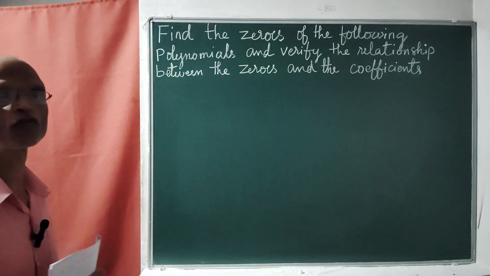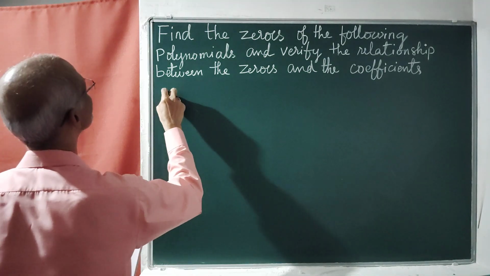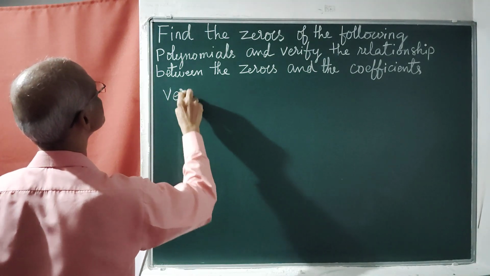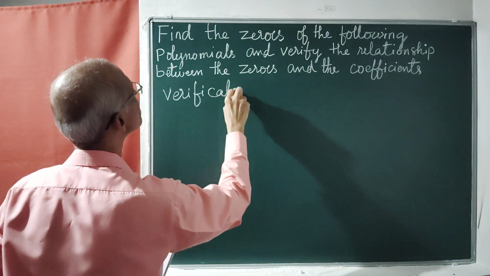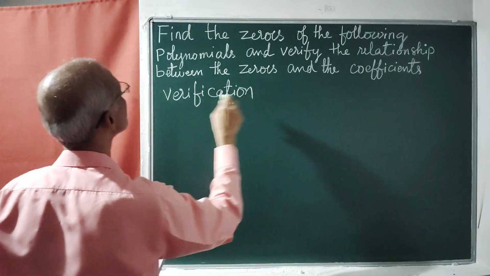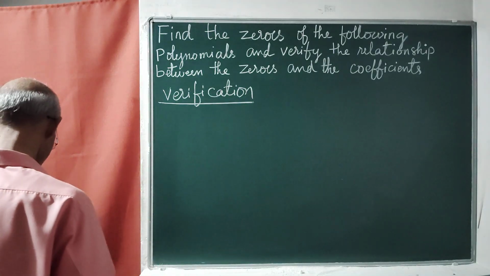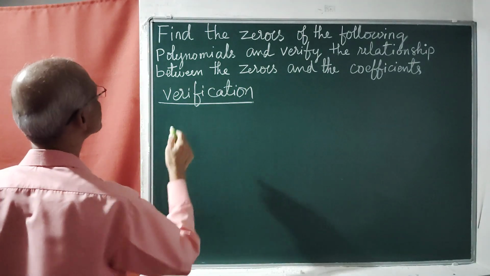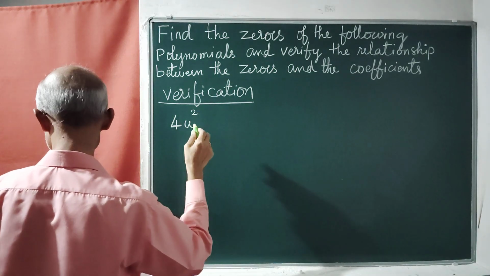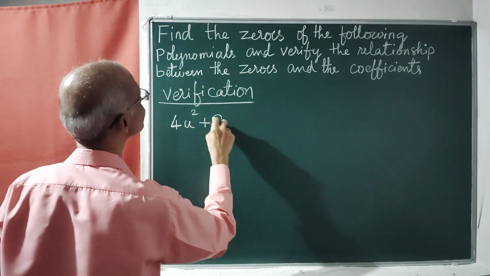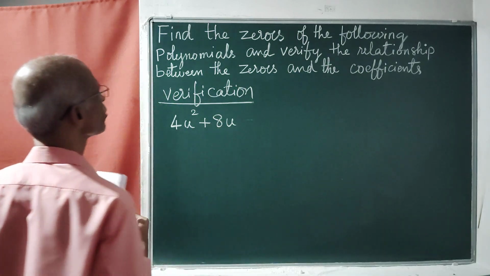Now we will go for the verification. 4u square plus 8u, this is the polynomial.